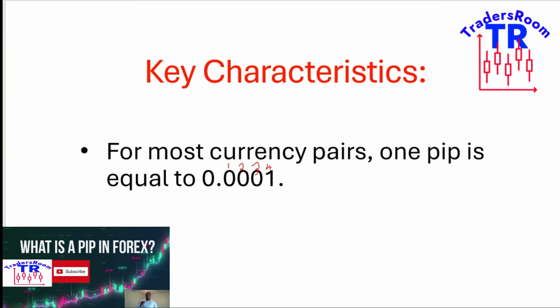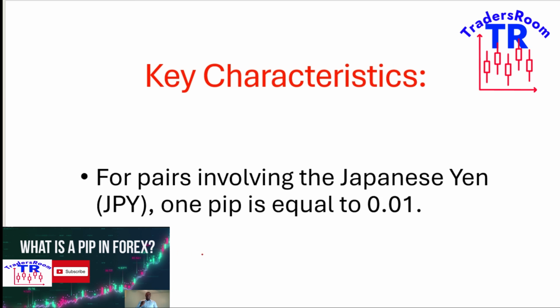But it is not in all currencies. We equally have pairs that have to do with the Japanese yen. Any pair that has to do with the Japanese yen does not go to the fourth decimal place, it is the second decimal place.